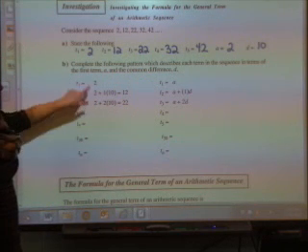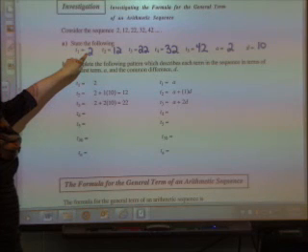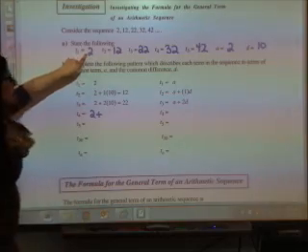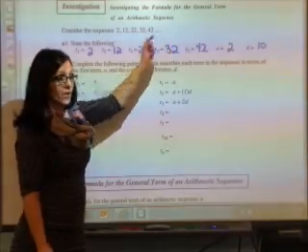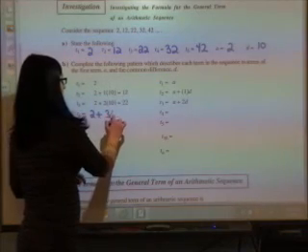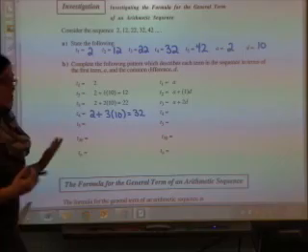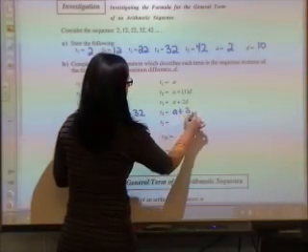How would I get the fourth term starting with the first term? So I'd start off with 2, and then what would I have to add? 3 of those common differences, 3 of those tenths. That would give me my 32. In terms of my letters, that would be A plus 3 of those D's.